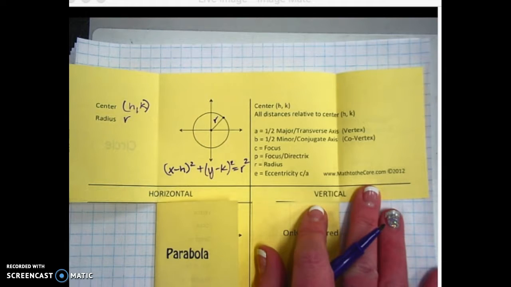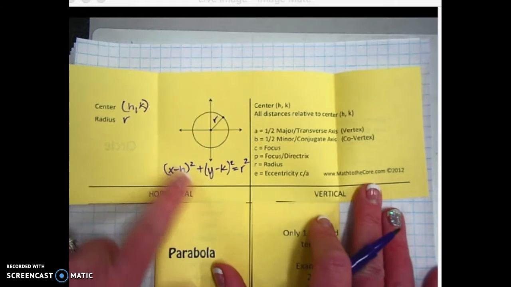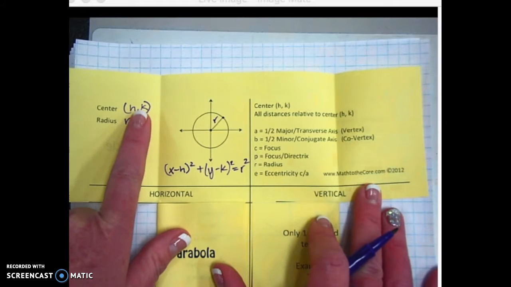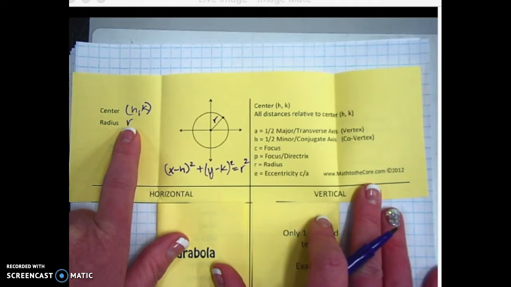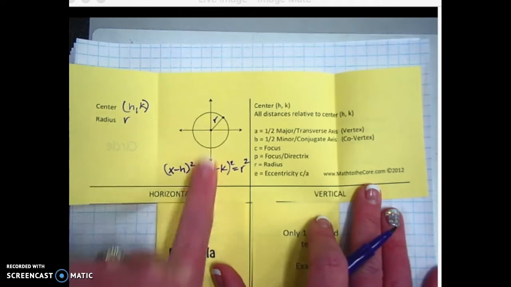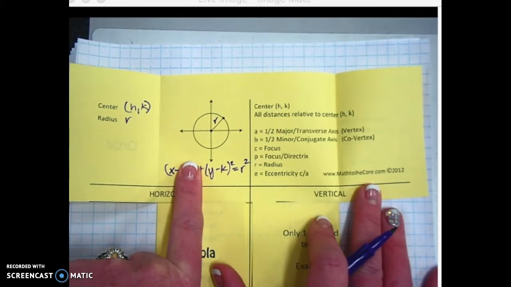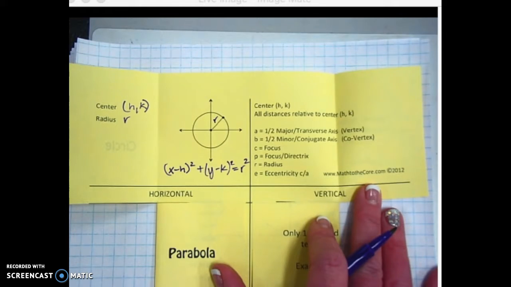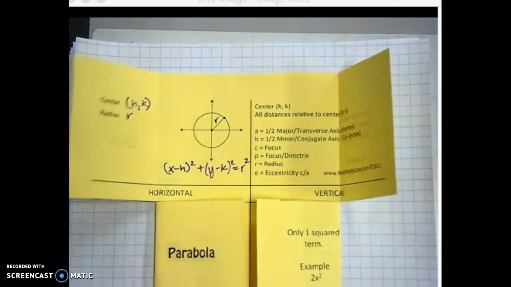Just know that as you start moving into pre-calculus and calculus, it's going to get a little more detailed. Okay, so for right now, we're focusing on where's the center, what's the radius, how to get it into this form, and how to graph it. If you can do those things with the circle, then you're in a good spot.